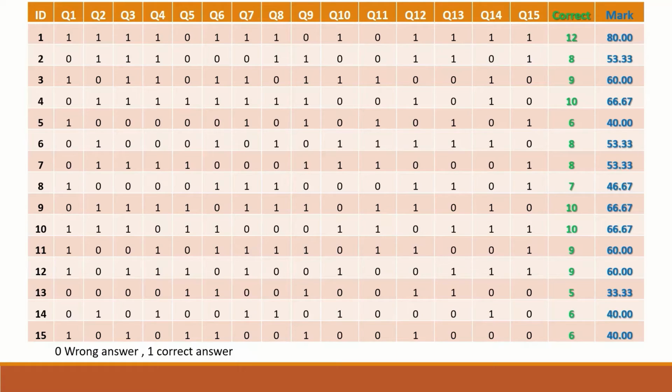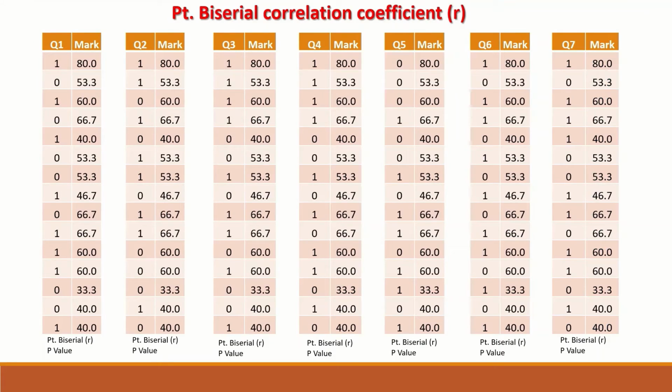labeled as mark. So in the point biserial correlation, once the total mark is calculated, the test is performed and the test will correlate the scores in each question with the total mark, as shown here in this slide.